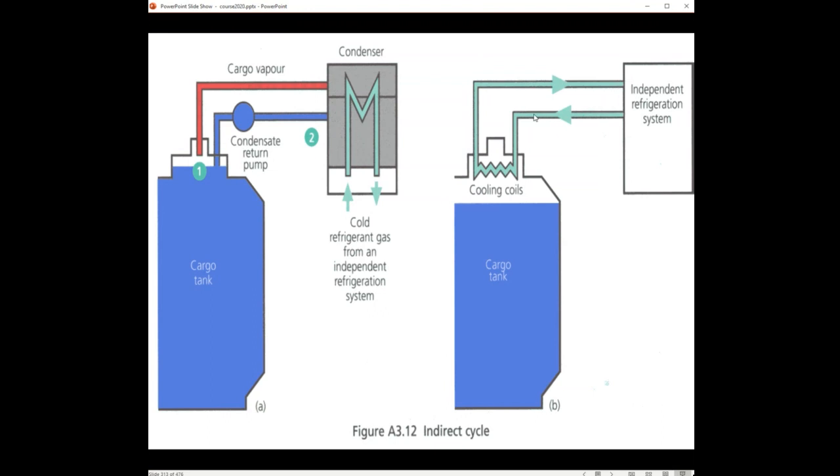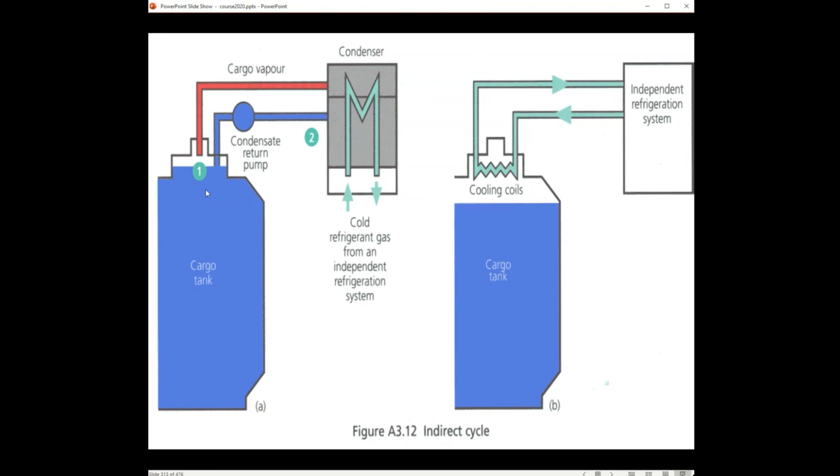So there's a refrigerant, propane, ammonia, R417, that is circulating in this system. And of course, the temperature of the liquid sent to the tanks is below the boiling point of the cargo, so that the vapors can condensate on the heat exchanger here, and they will fall as droplets inside the tank. What you do is you take away the heat of the ullage, and that is the only goal of your reliquefaction plant, of your cooling system.